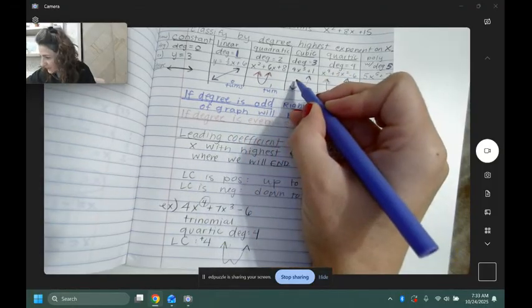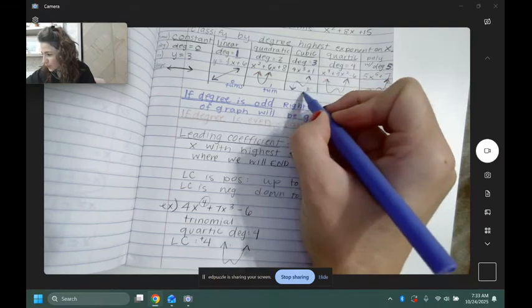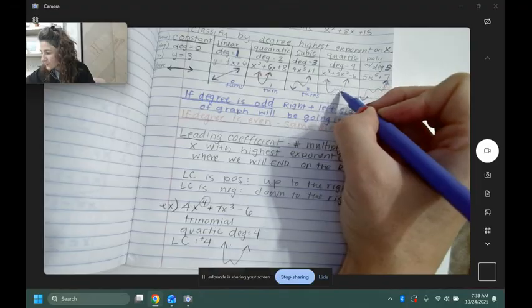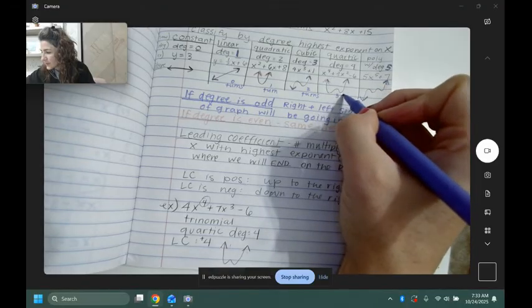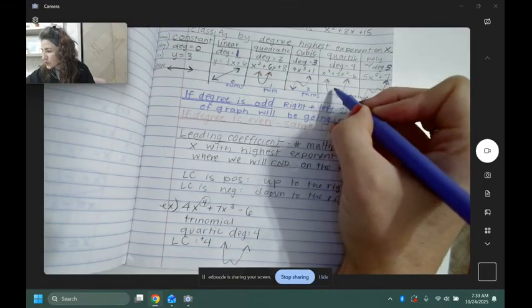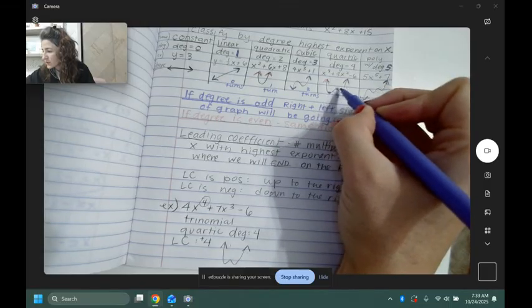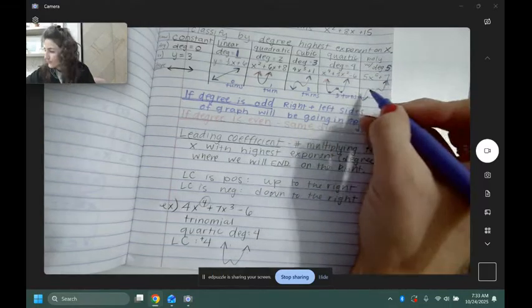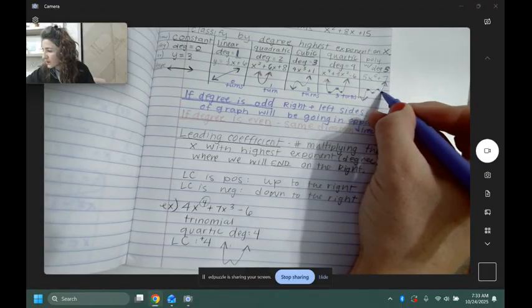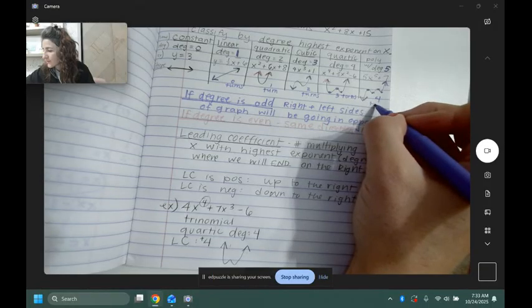Here I was going up, then down, then up, 2 turns. Down, up, down, 3 turns. I changed directions 3 times. For a quintic, or degree of 5, 1, 2, 3, 4 turns.